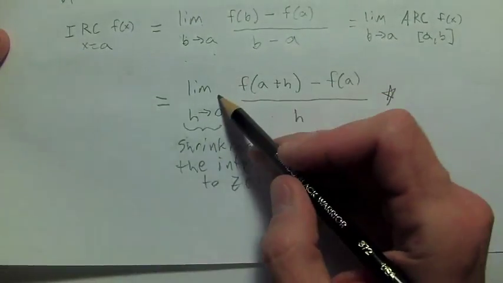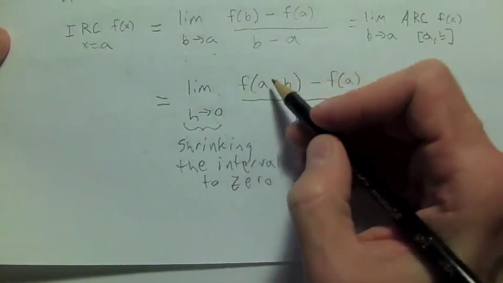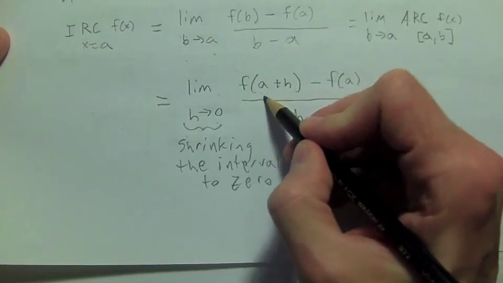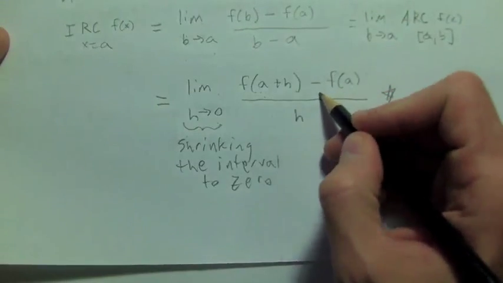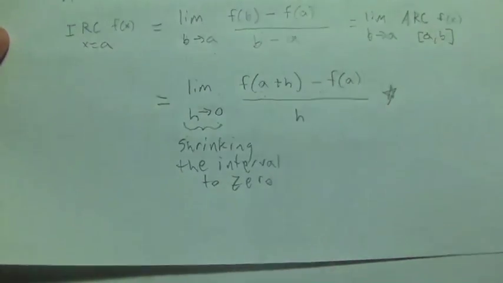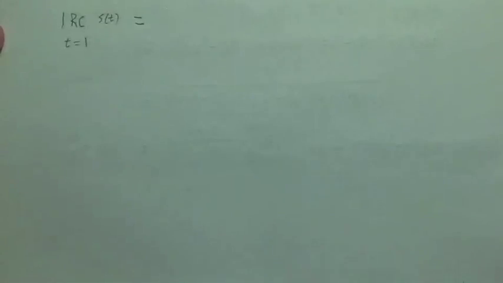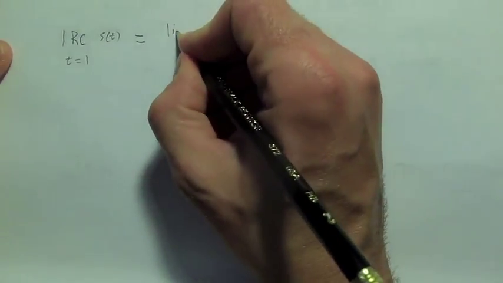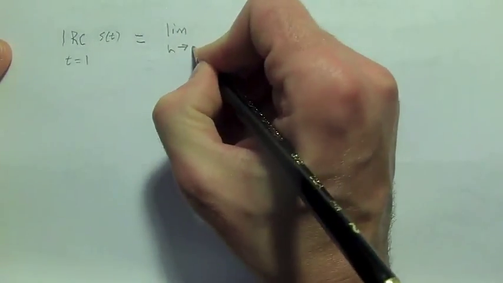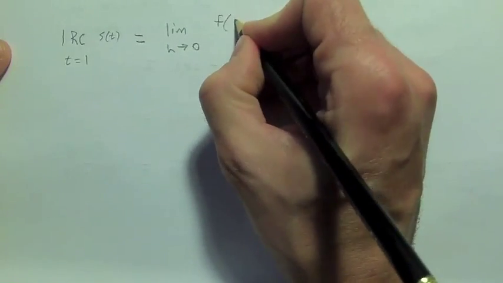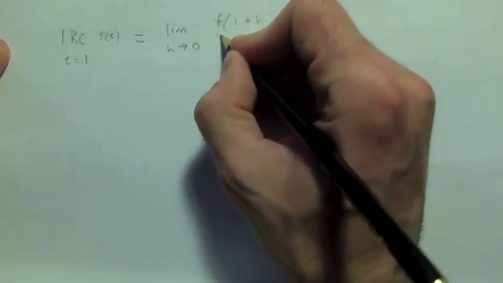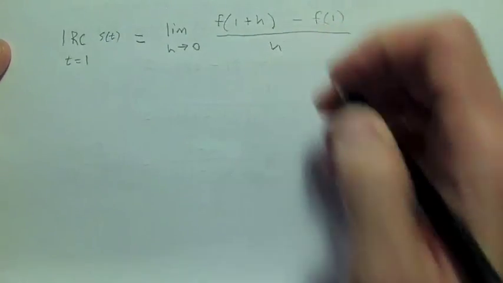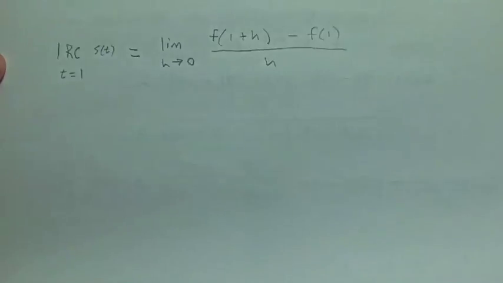Remember, that's going to be the limit as h goes to 0 of f of a plus h, where a here is going to be 1, right, because that's what we're looking at, minus f of a, all over h. Okay, so this is going to be the limit as h goes to 0 of f of 1 plus h minus f of 1, all over h.